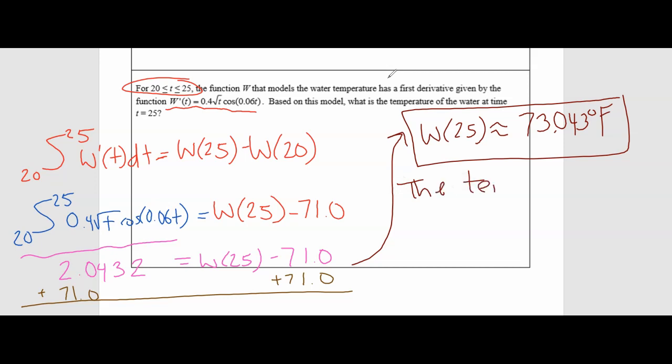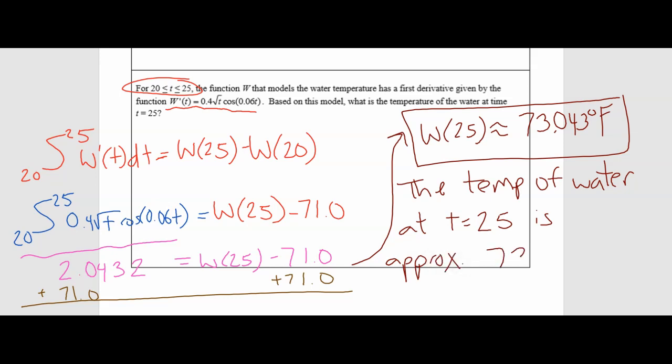So the temp of water at t equals 25 is approximately 73.043 degrees Fahrenheit. So again, understanding how to use that FTC to set up an equation can make this pretty easy for us.